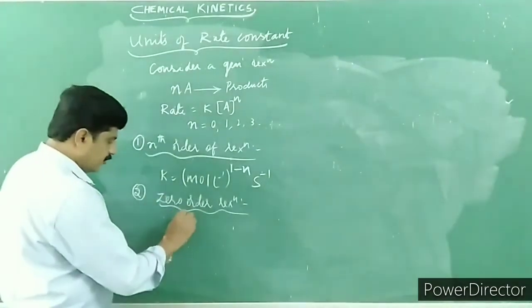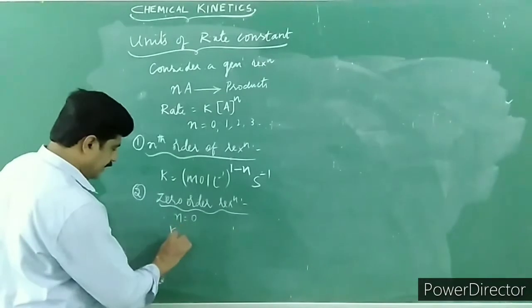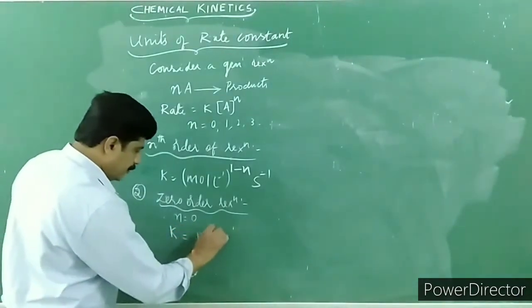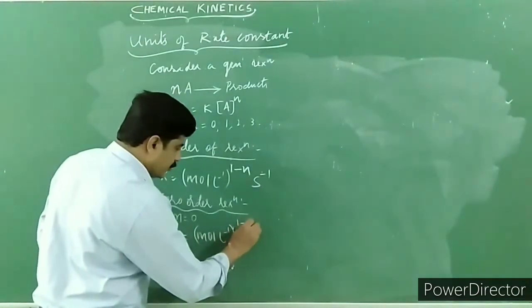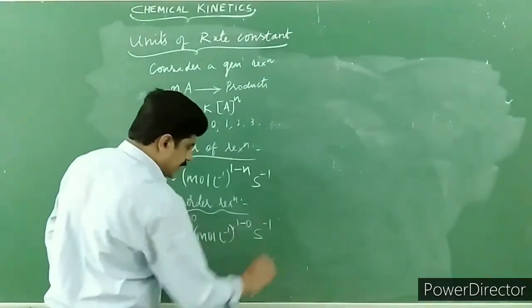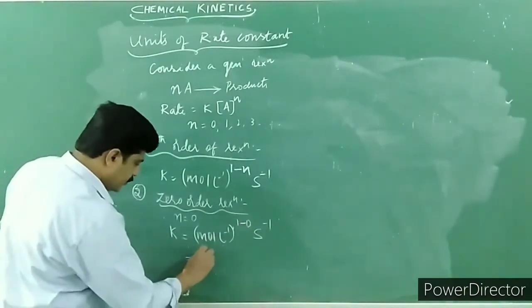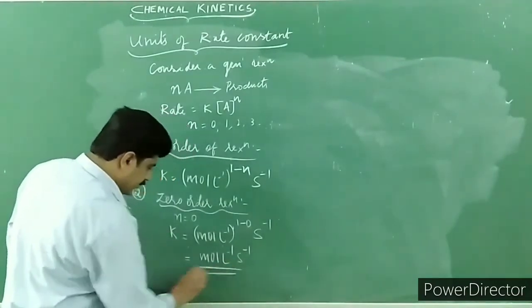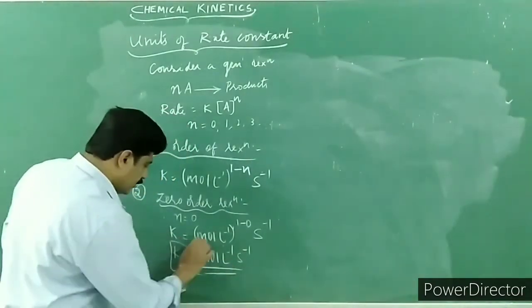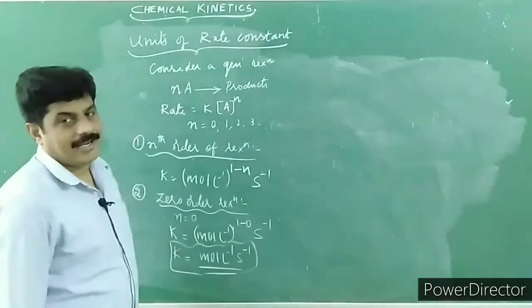In that case, n is equal to how much? n is equal to 0. Is it not? Now how do I write? K is equal to mole per liter raised to 1 minus 0 per second. Children, in that case 1 minus 0 is 1 only, so mole per liter per second. So this is the unit for rate constant for zero order reaction.